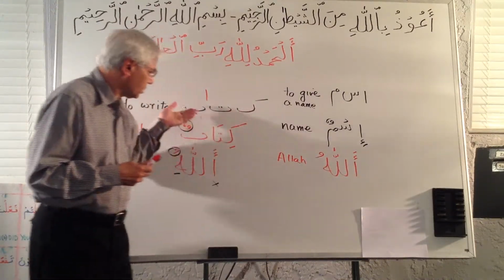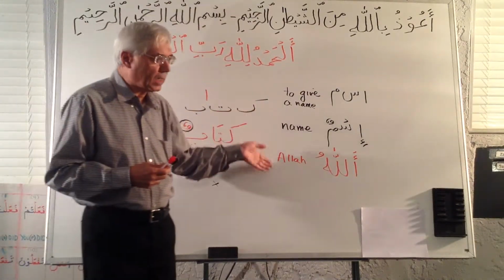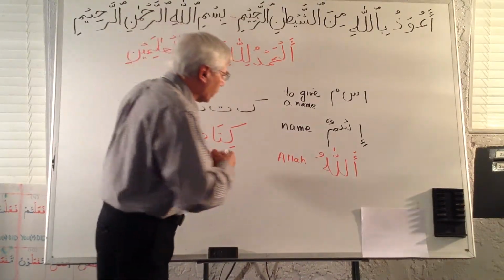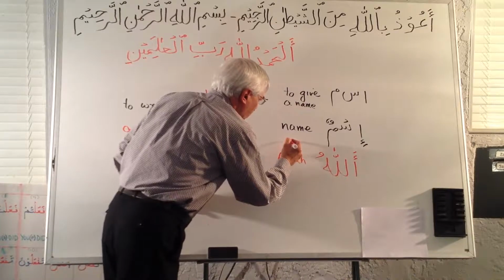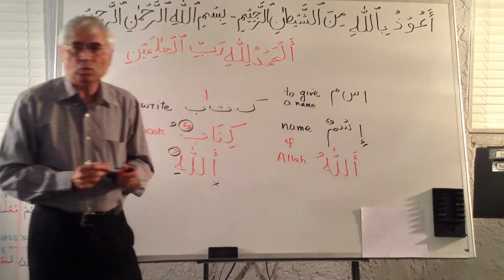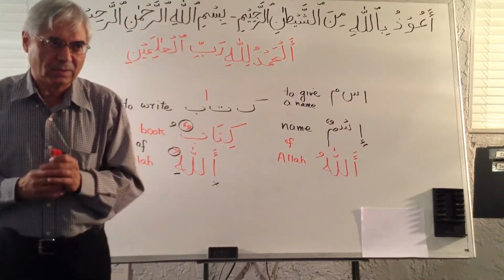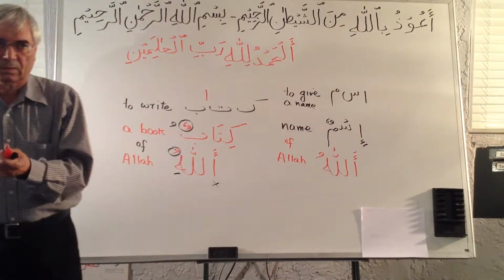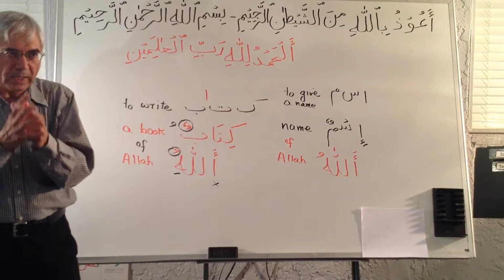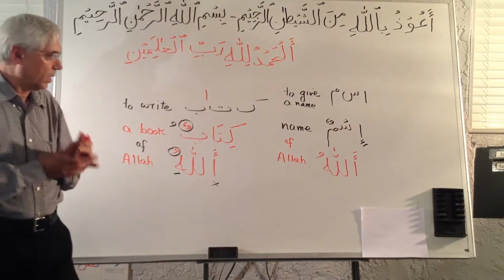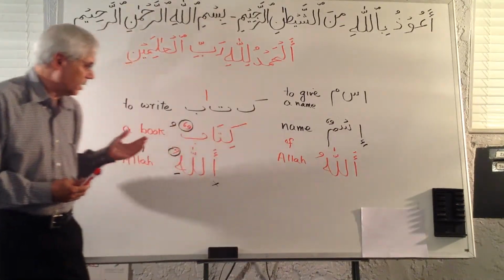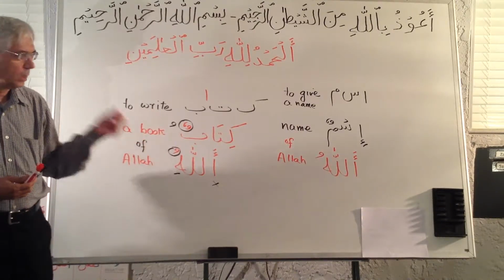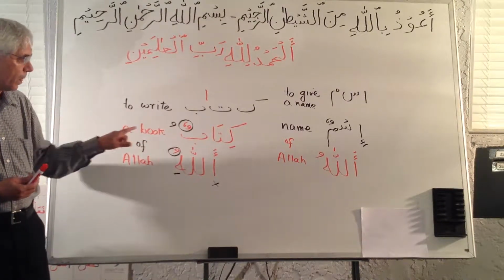Now, here, I want to make a relationship between these two words. What we do in English is put an "of" there, so it became a small sentence: name of Allah. These two words are not connected to each other. In English we did this, but in Arabic we have to apply a rule.